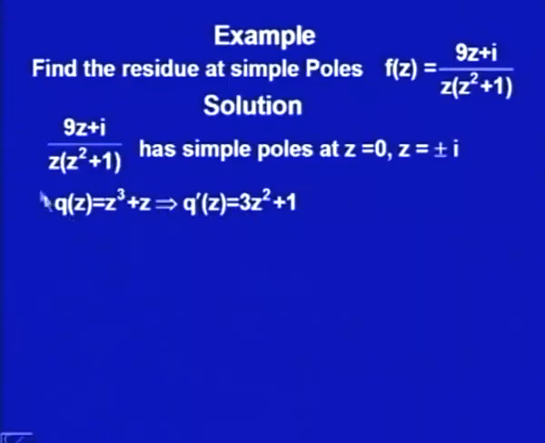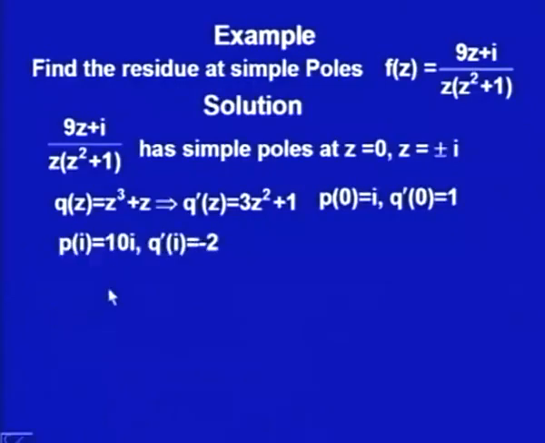So I am using that method, which is simpler. q(z) is z cubed plus z, so q'(z) would be 3z squared plus 1. So p(0) is i and q'(0) is 1 here. At z equal to 0, p(z) is not 0, so all these conditions are satisfied.